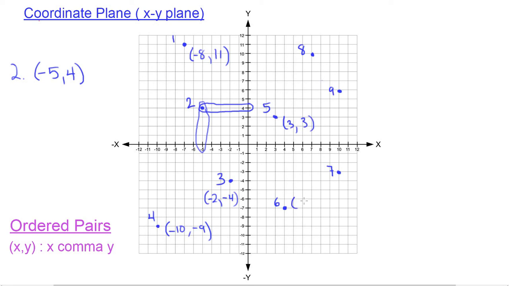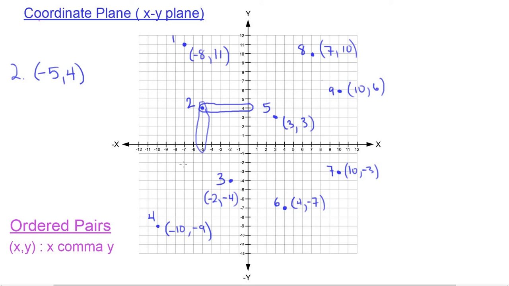Next point, X is 4, Y is -7. Next point, X is 10, Y is -3. And the next point, X is 7, Y is 10. And the next point, X is 10, Y is 6. And that's the point 10, 6.